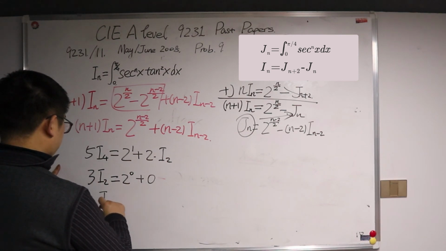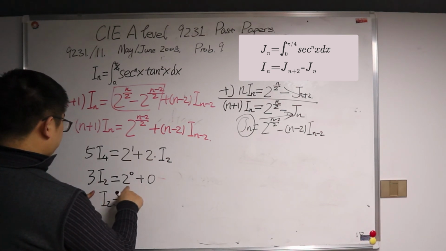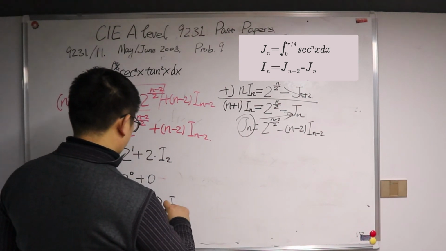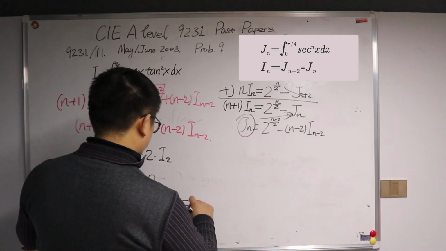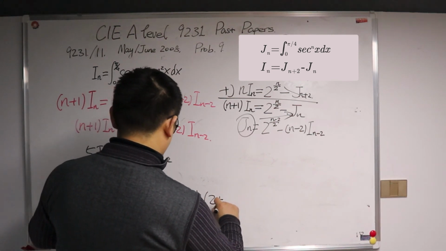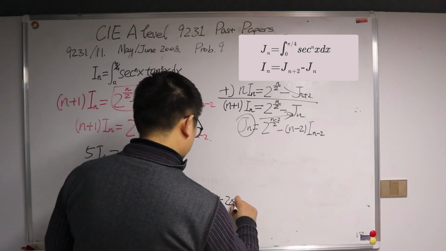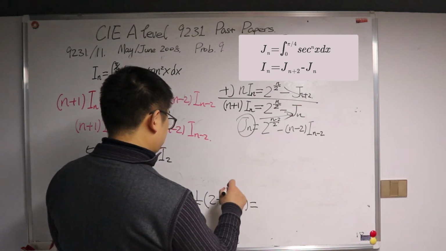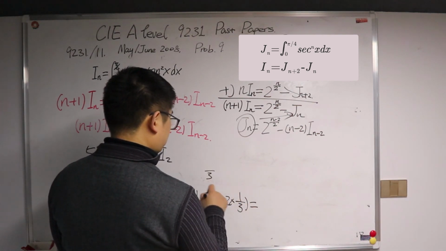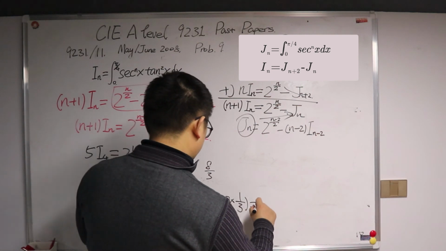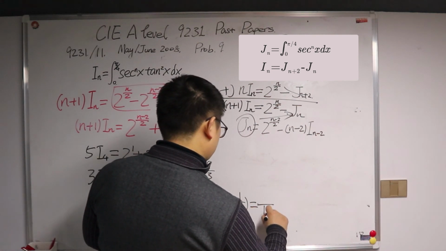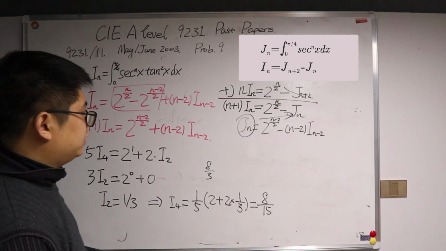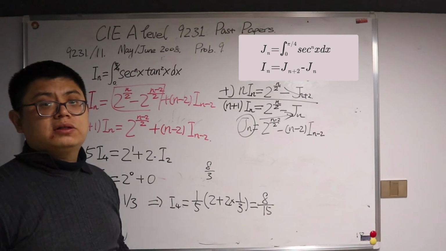So I2 is 1/3 and I4 is 8/15. So that's all.